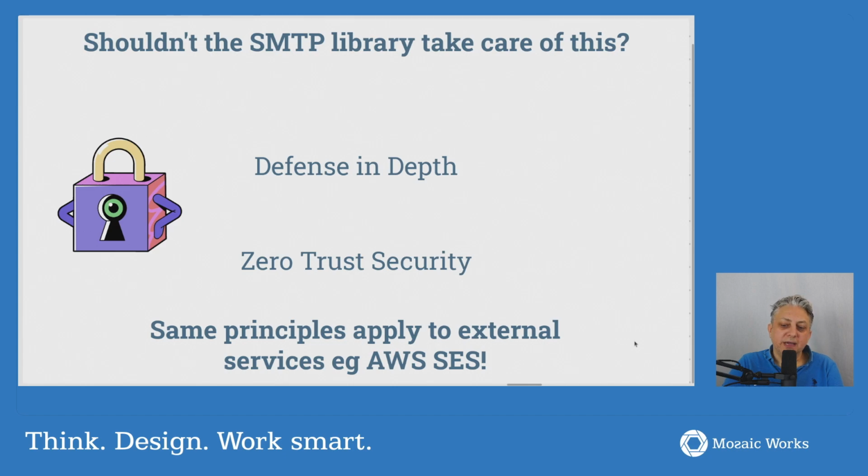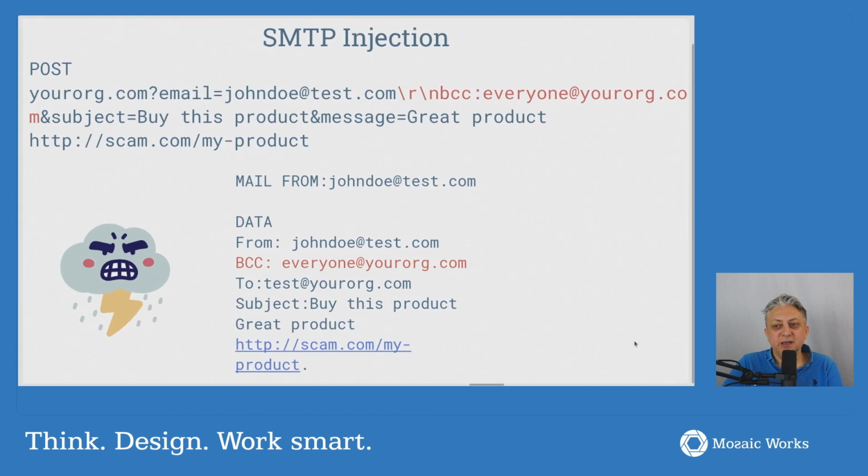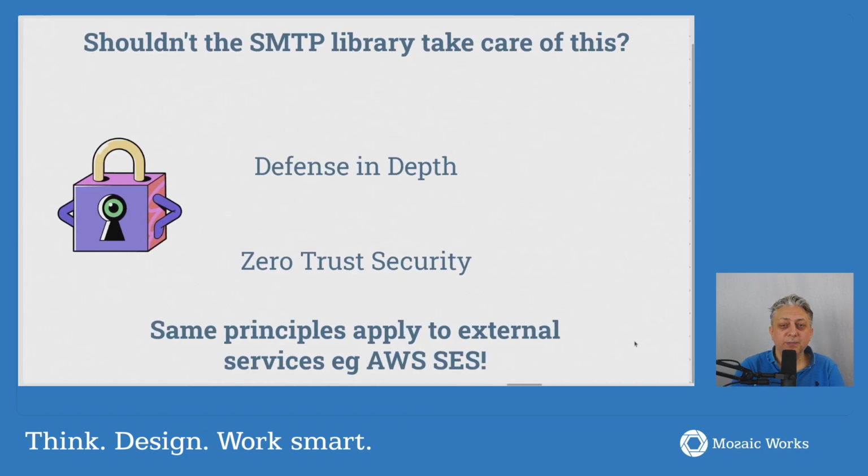By the way, the same principles apply to external services like AWS, SaaS, or whatever you are using for sending emails. Maybe they are not vulnerable to this simple example of SMTP injection, but they might be vulnerable to other types of injection attacks, or server-side request forgery, or other types of attacks.